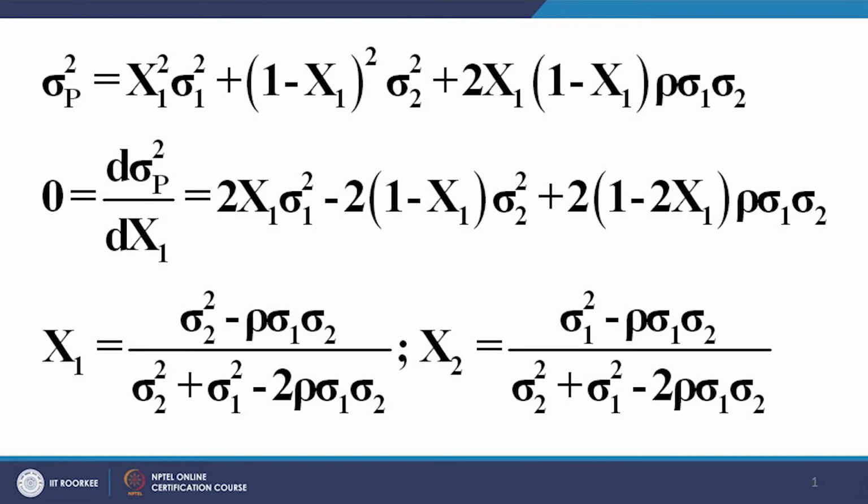We start with this expression for the variance of the combination of security 1 and security 2, which is given on your slide, and then we differentiate this expression with respect to x 1, the only degree of freedom that we have. Why are we differentiating with respect to x 1? Because that is the only variable over which we have control.